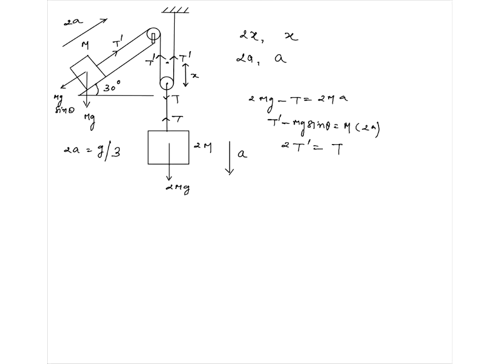In this question, we have a movable pulley. This has got mass 2m. This has got mass m. All surfaces are frictionless.